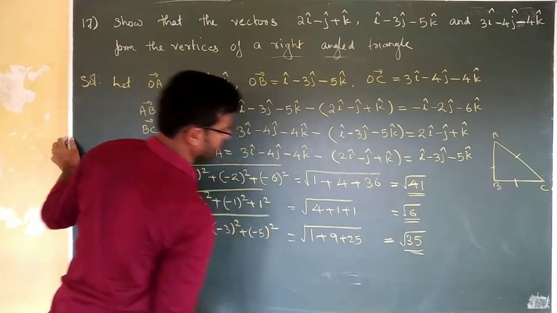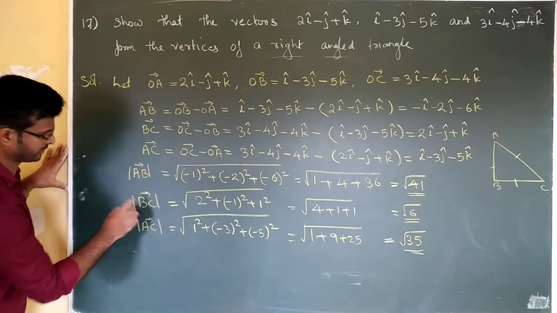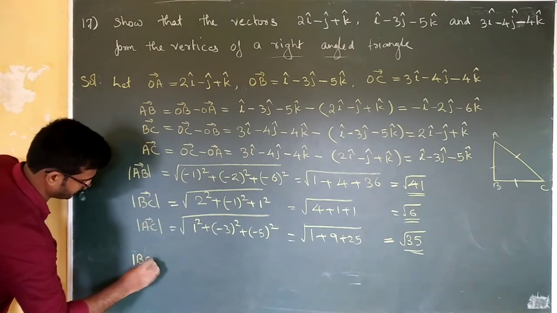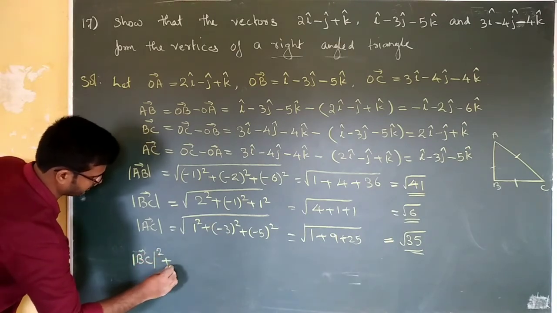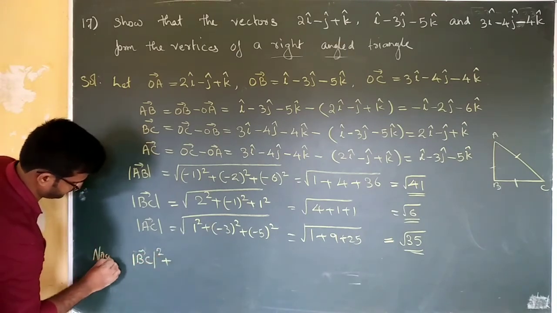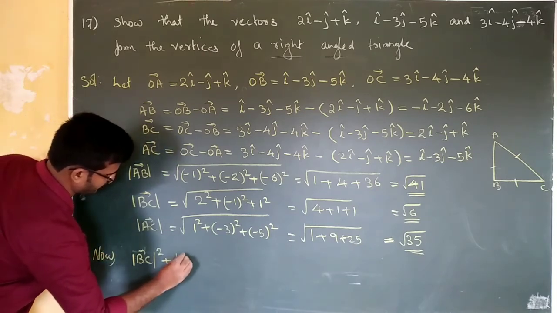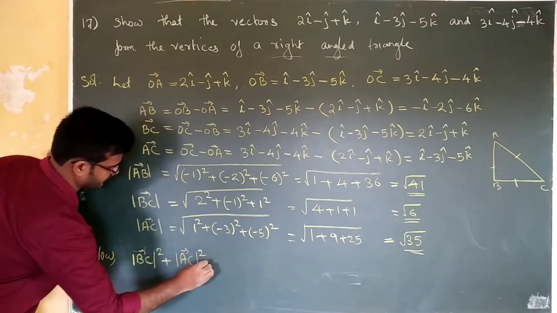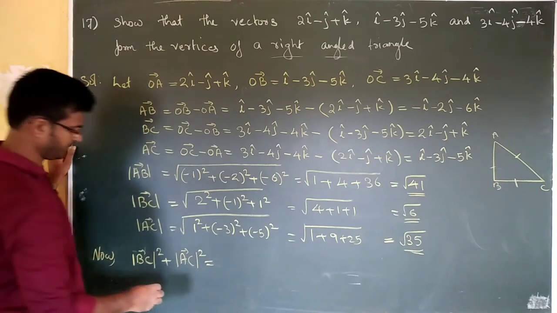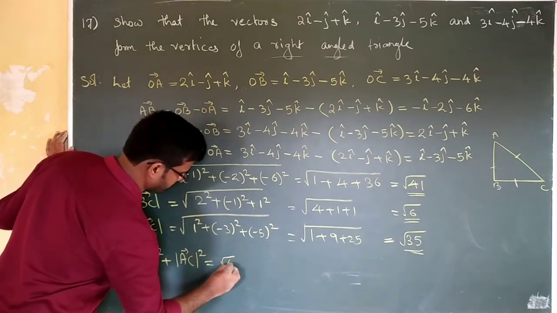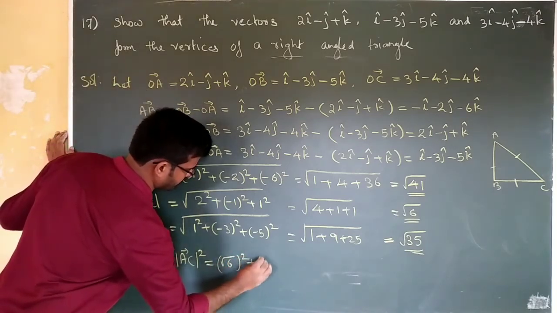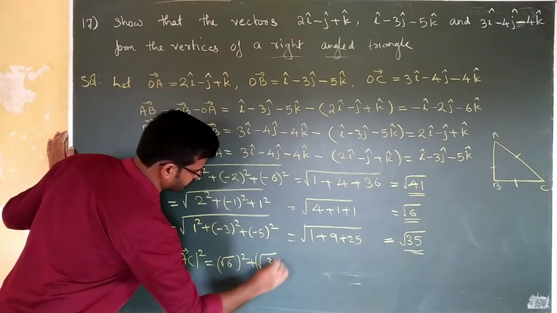Root 6 and root 35. Modulus of BC square plus modulus of AC square equal to root 6 square plus root 35 square.